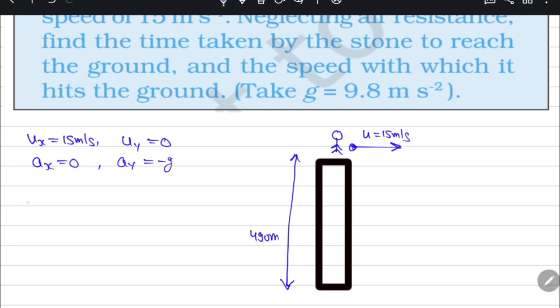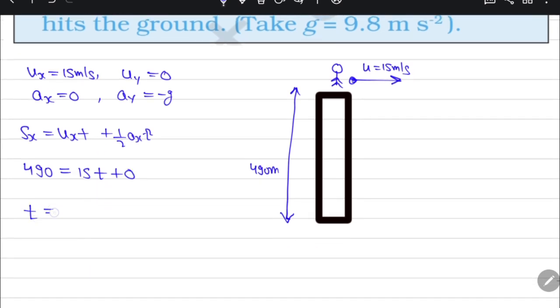First we apply the equation of motion in x direction. Sx is equal to ux t plus half ax t square. In x direction, the distance is 490, the velocity in x direction is 15, so 15 t, and the acceleration in x direction is 0.